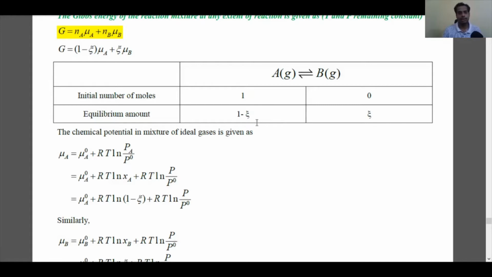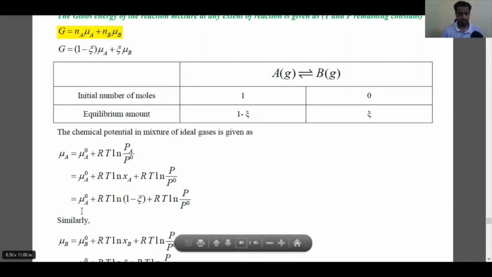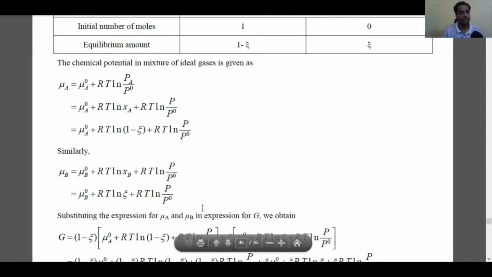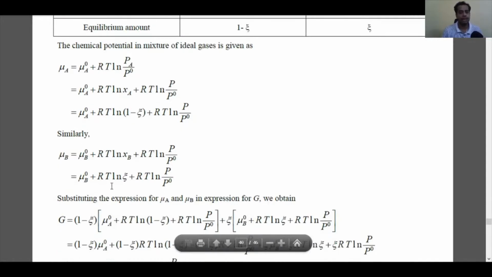So mole fraction is number of moles by total number of moles. So I will get mu A0 plus RT ln (1 minus xi) plus RT ln P by P0. This is the chemical potential for component A. Similarly, the chemical potential for component B will be mu B0 plus RT ln xi, where xi is the mole fraction of component B, plus RT ln P by P0.